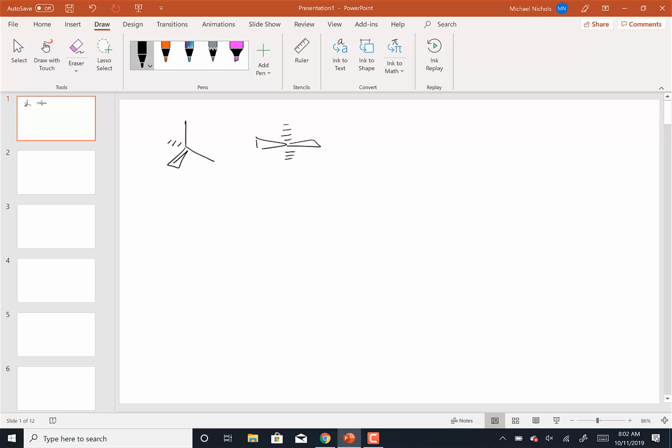So if I take my little tiny tetrahedron here and I orient it so that the horizontal positions are pointing towards you and the vertical ones are away, then it would look like this. And this is what's called a Fischer projection.